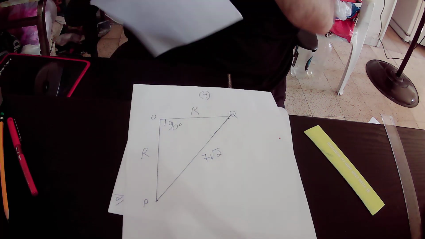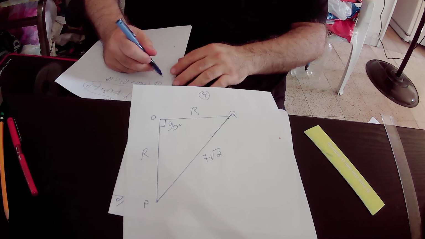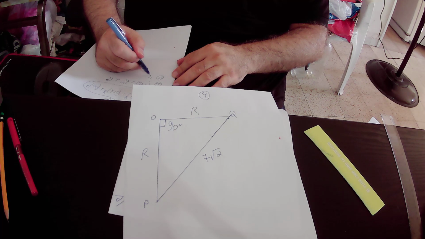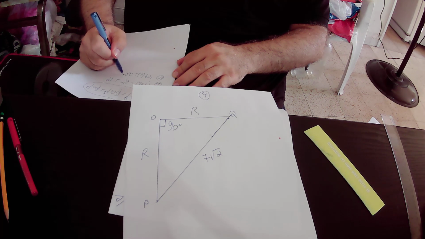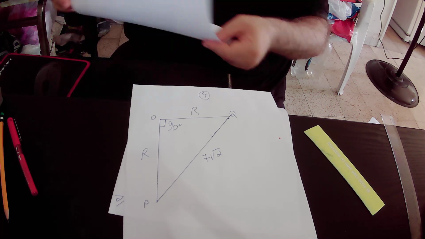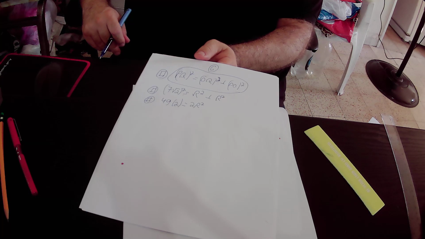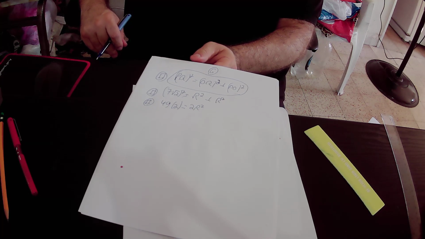Okay, so I'll write it down. Okay, we got that 49 times 2 equals 2 times R square.